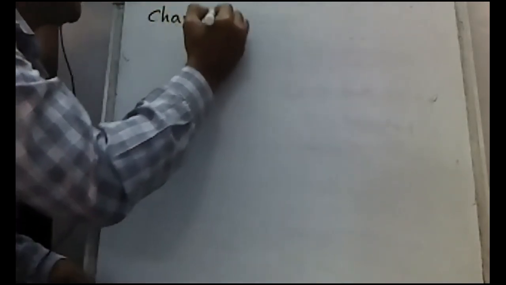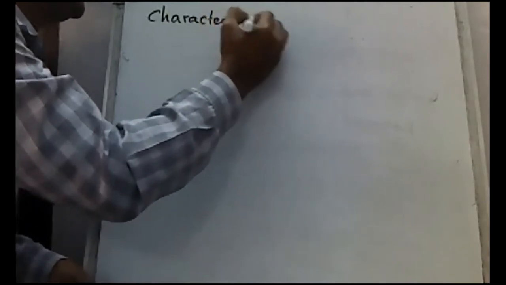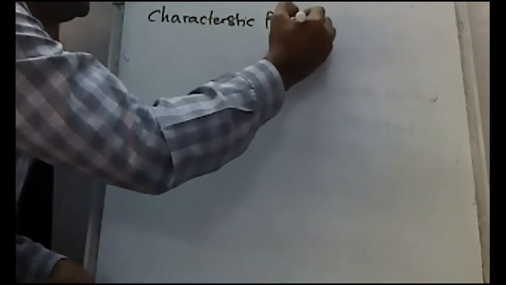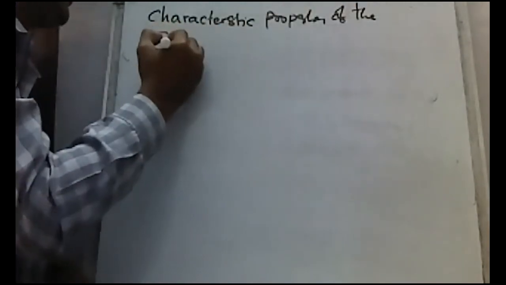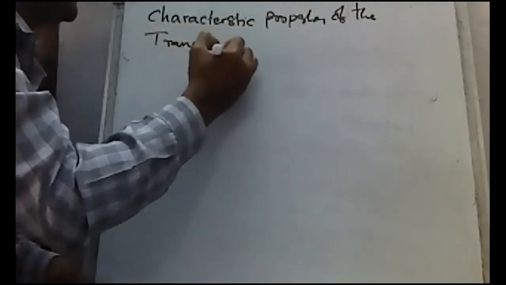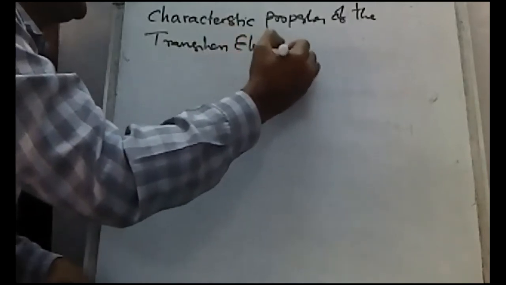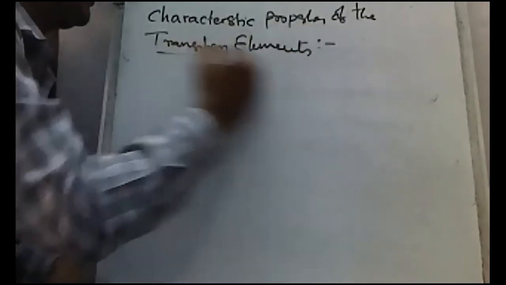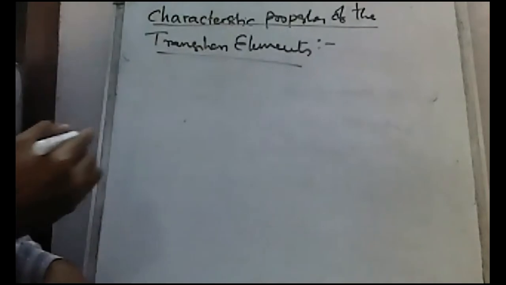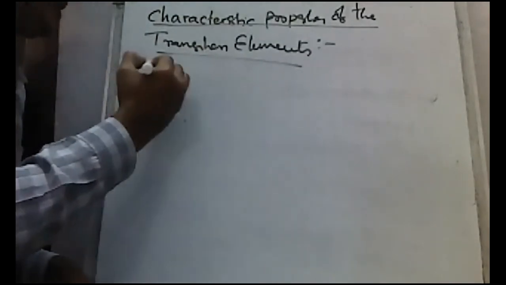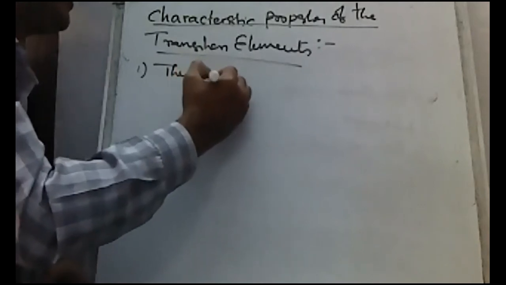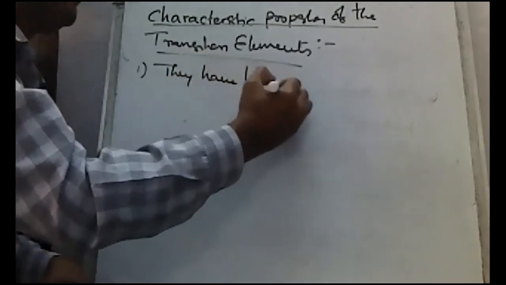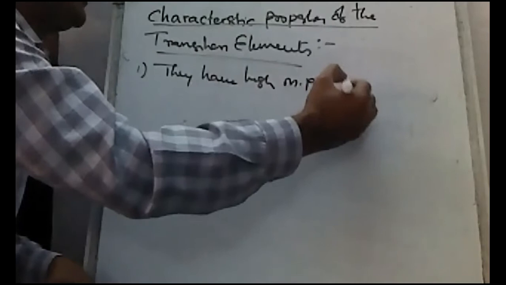Now, what are the characteristic properties of the D block elements, the transition elements? This was discussed in our first year periodic classification of elements. We know that transition elements have very high melting points and boiling points.